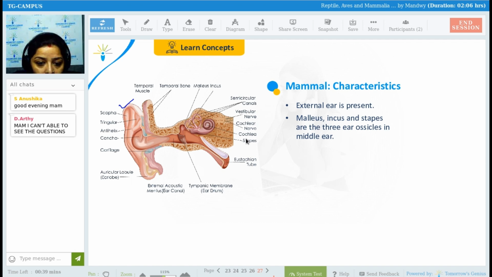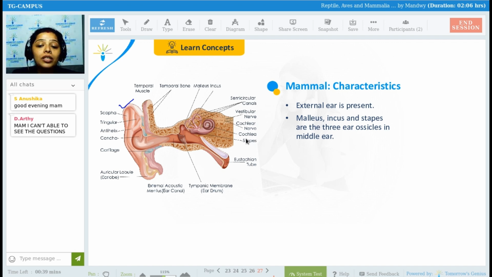In the ear, there are three different types of bones: malleus, incus, and stapes. These three bones are also called ossicles. Malleus is completely present in the middle part of the ear. Incus is also present in the middle, but stapes is present between the inner and middle ear.